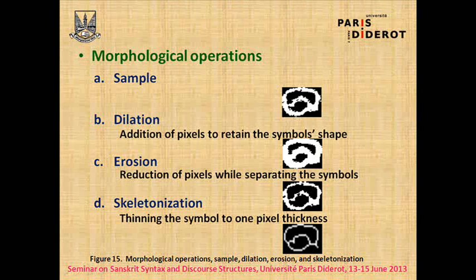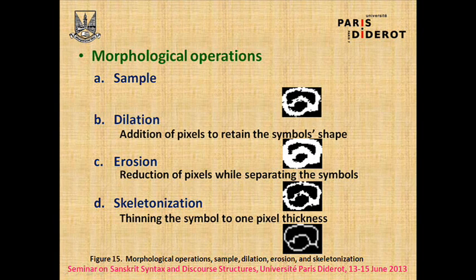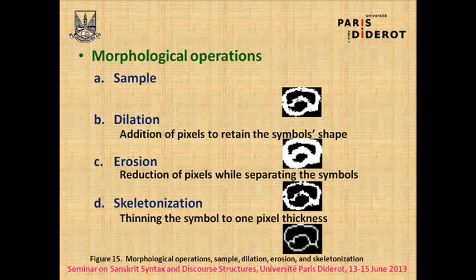Morphological operations generally help reduce the noise due to uneven ink impressions in the handwritten text. Dilation is the insertion of pixels at appropriate places that results in the thickening of the symbol, which helps in recreating its shape by recovering broken links. In the other direction, erosion is thinning of the symbol to clearly separate consecutive symbols by increasing the space between them.